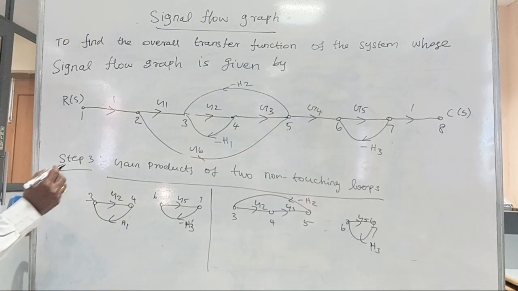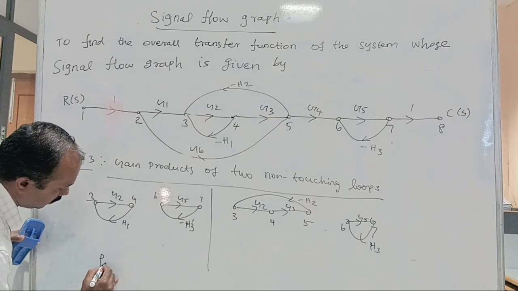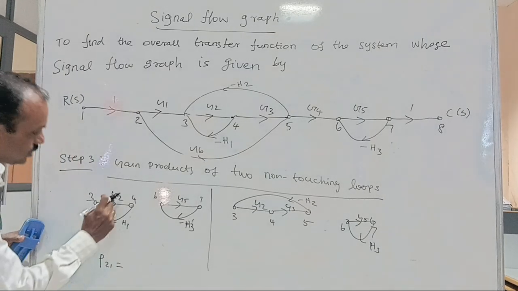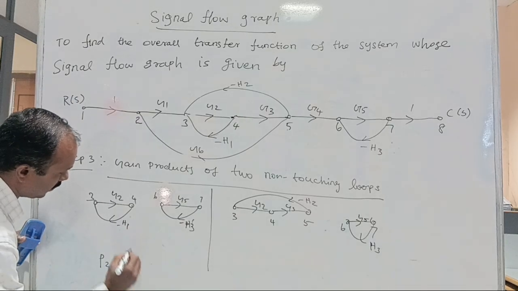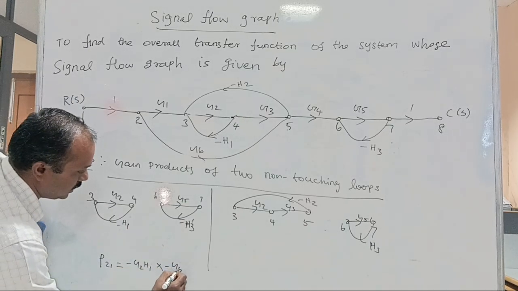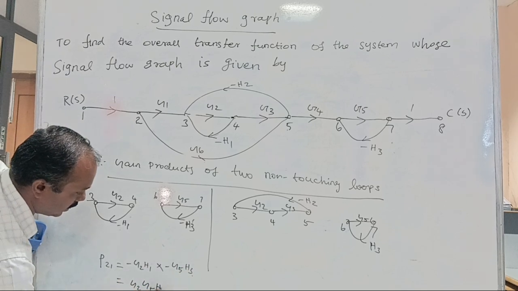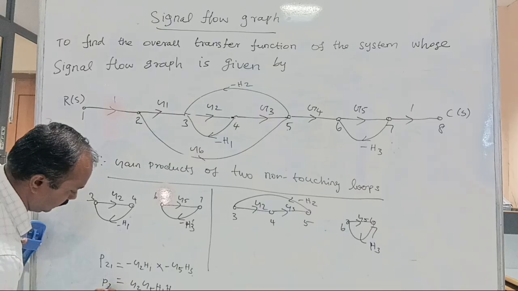The gain products are: the first, P21, is minus G2 H1 into minus G5 H3, that is G2 G5 H1 H3.